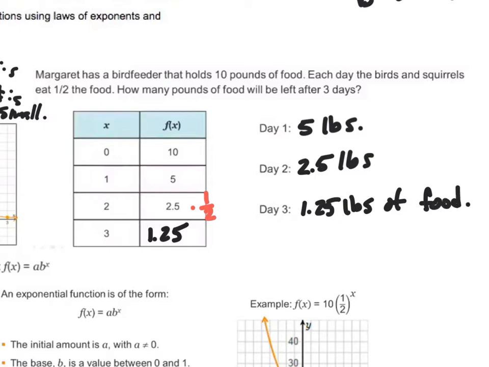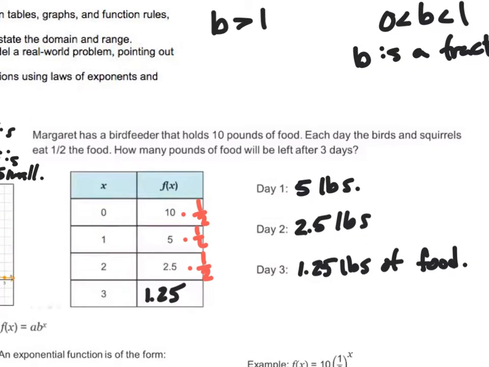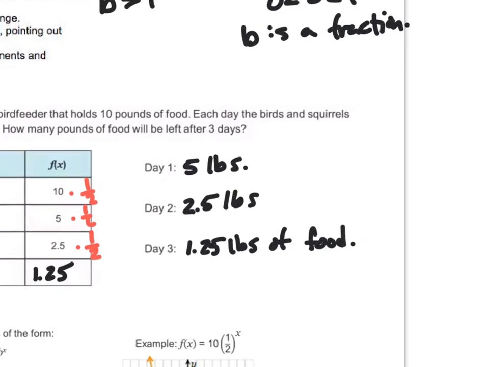If we were to write this out as an actual function, what you're doing to these y values is multiplying them by a half to get to the next one. So your function would be your initial value, which is 10 on day 0, times your rate of change.